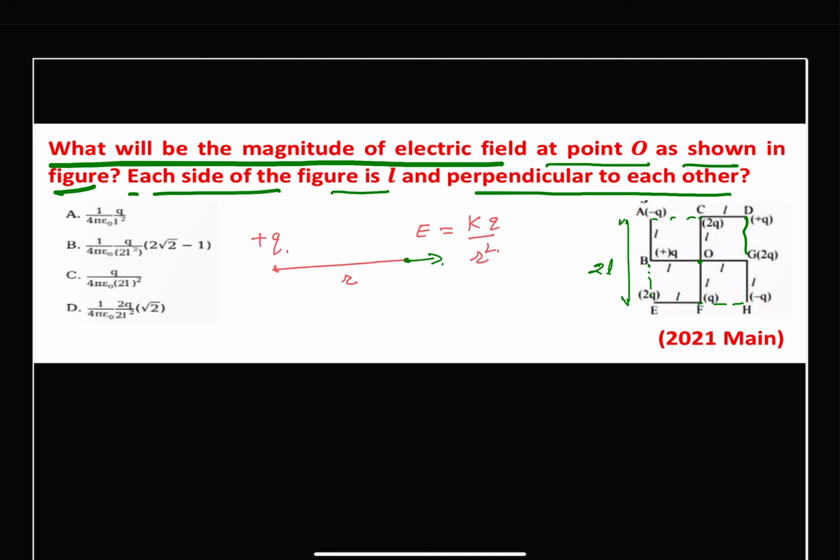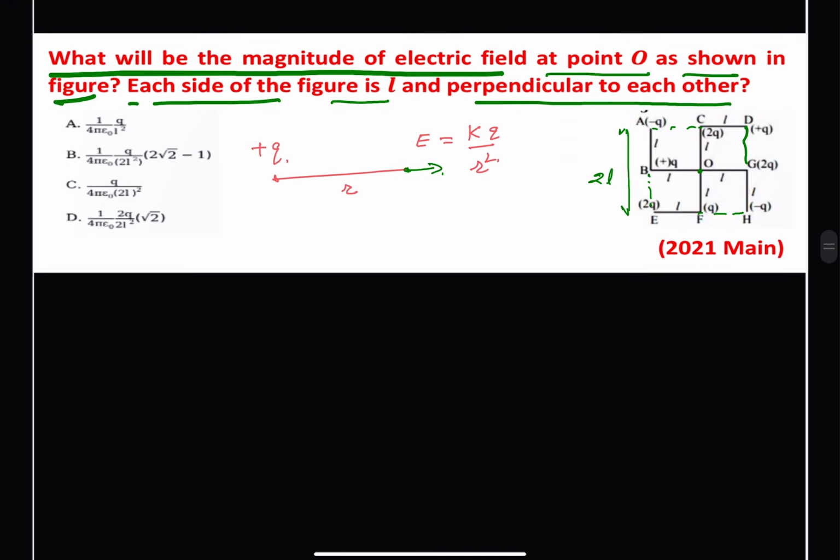And if we have a negative charge, then at a distance r the magnitude of electric field will be the same, but the direction will be towards the negative charge. So we have to remember this particular thing.